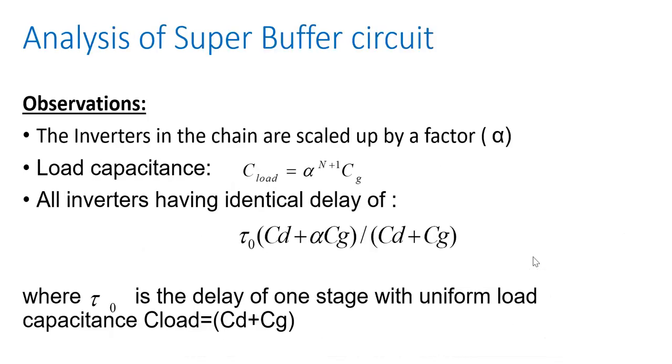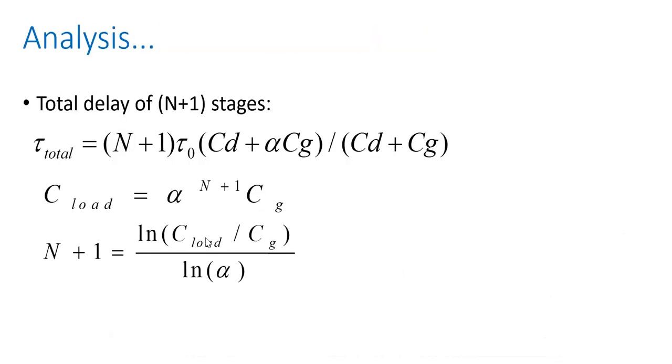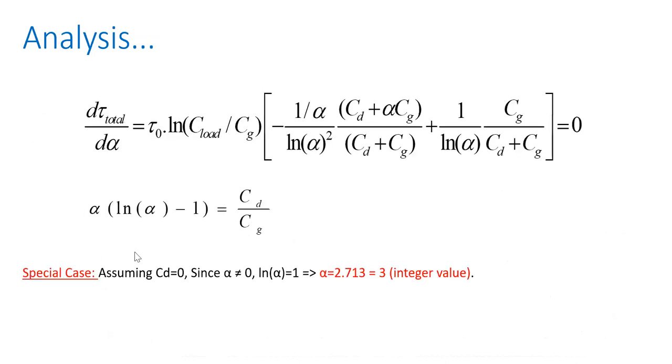Now for a given C load, this is the design equation. Suppose CD and CG values are given, you can calculate the value of alpha from this equation. So this is all about the super buffer. For the ideal case we got size equal to 3.